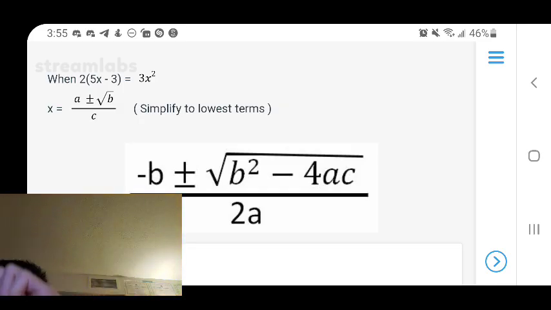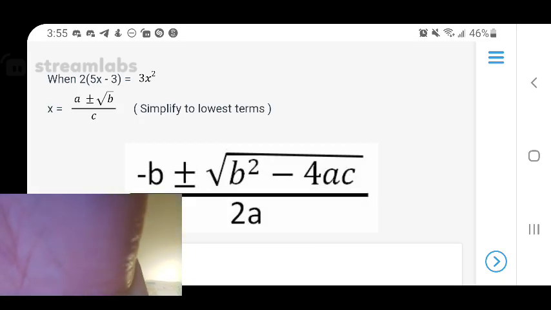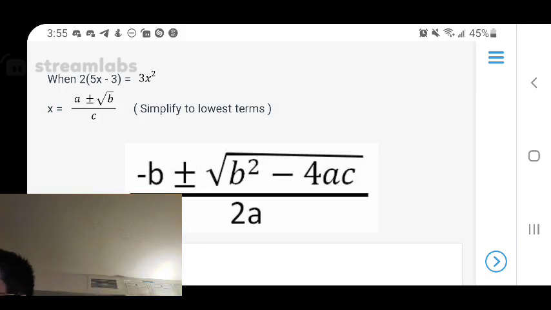The a is 3 and the b is negative 10, and the c is 6, the constant. You put in the quadratic formula. Negative b. Oh, negative b, no, that's 10 here.